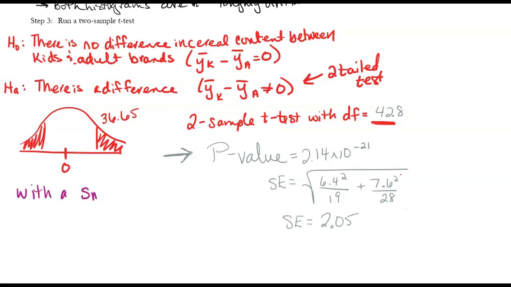With a small p-value of 2.14 times 10 to the negative 21, we reject the null.